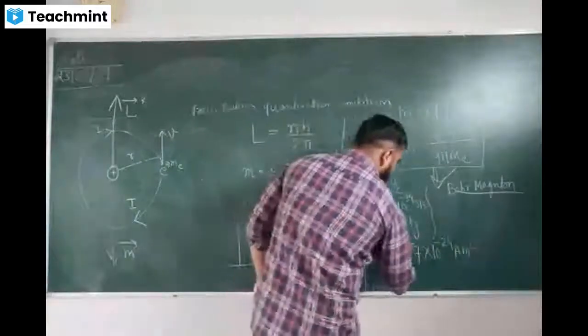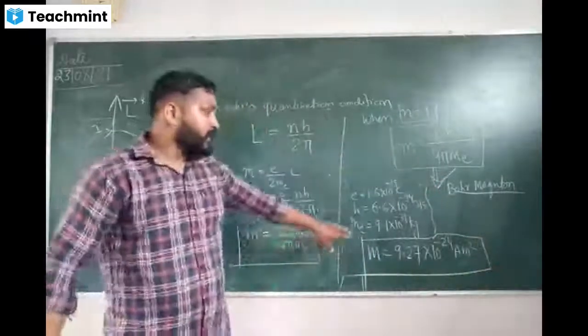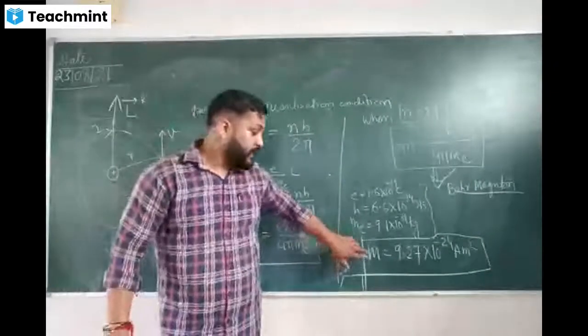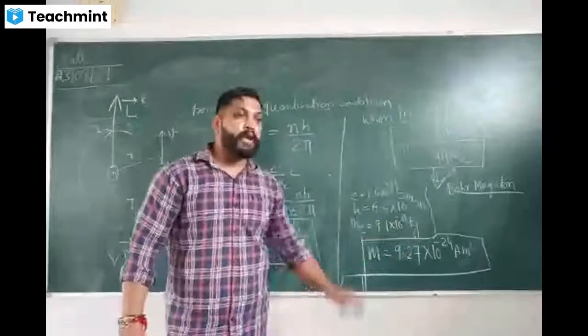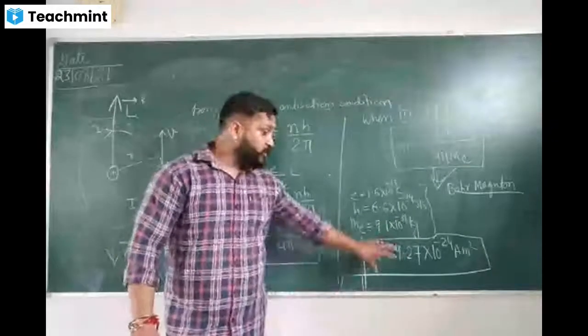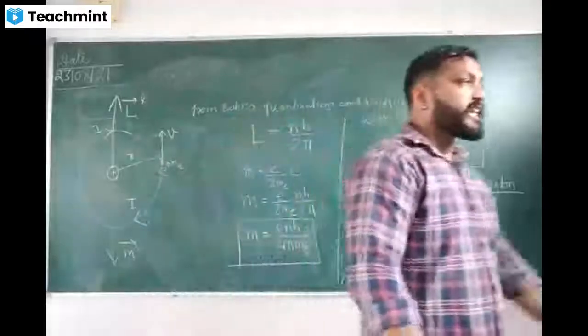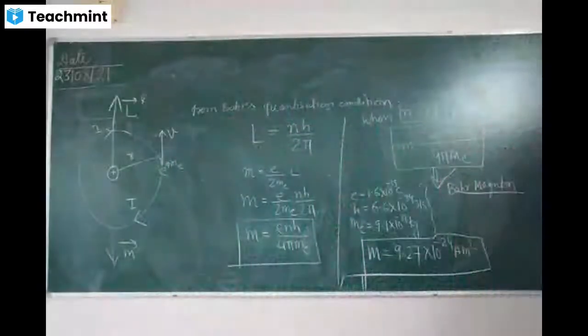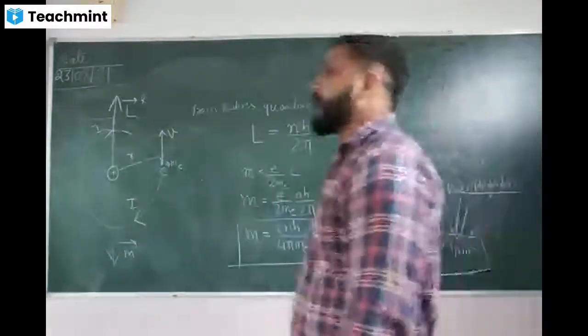So the value of the Bohr magneton is 9.27 into 10 to the power minus 24 ampere meter square. This is the minimum magnetic moment associated with a revolving electron for the first orbit of the hydrogen atom, and this is known as the Bohr magneton.